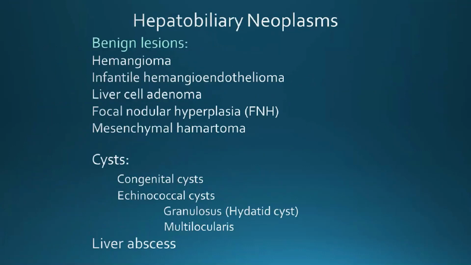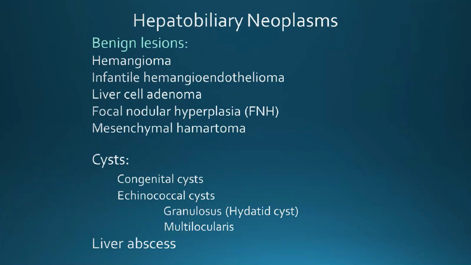Just to mention the benign lesions that we see as part of a differential diagnosis before we go to the malignancies. These lesions are categorized as solid lesions like hemangiomas, infantile hemangioendothelioma, liver cell adenoma, focal nodular hyperplasia, and mesenchymal hamartomas.